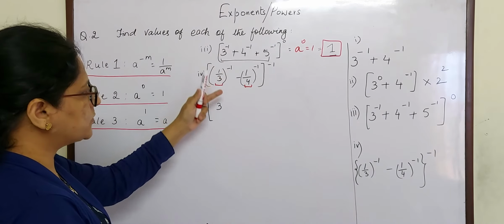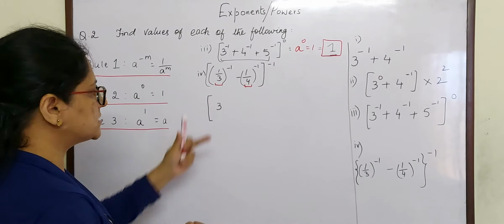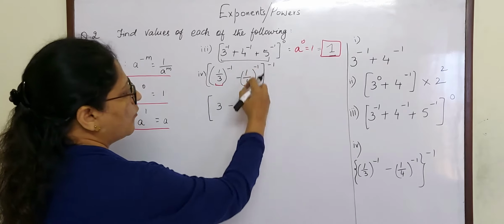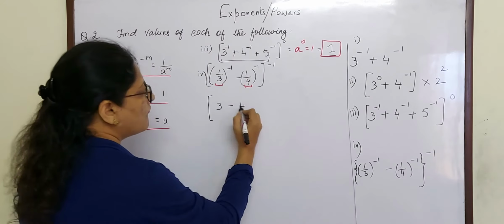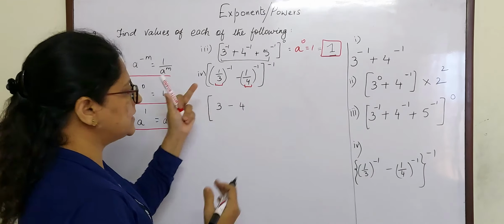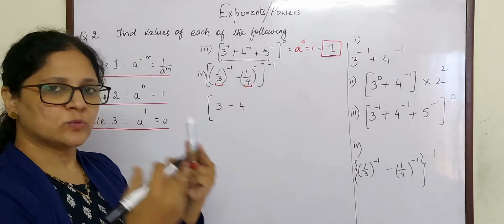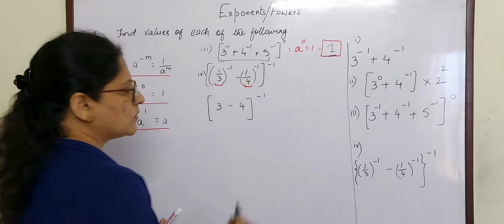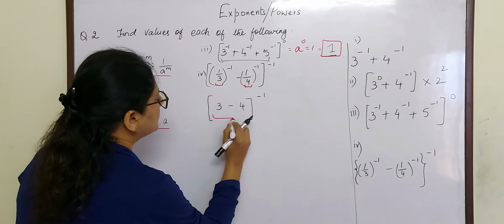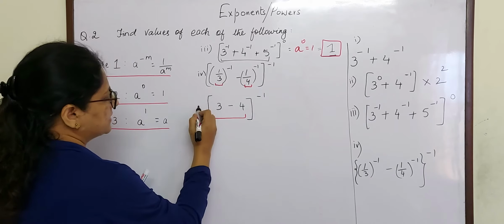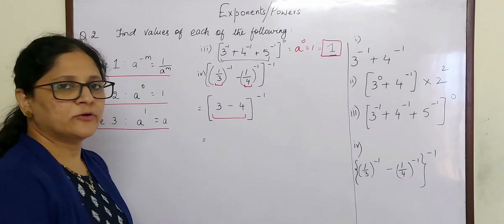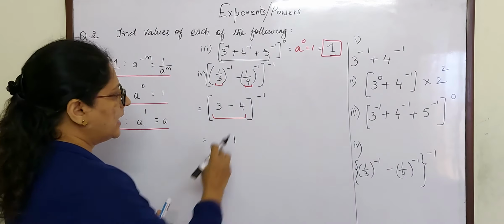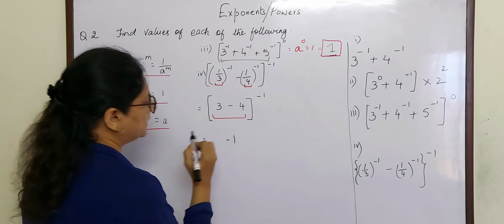Because negative exponent, when you want to change into positive, you do reciprocal. 3 minus, now 1 by 4 raised to minus 1 is 4 raised to 1, and 3 raised to 1 is 3, 4 raised to 1 is 4. The whole raised to minus 1. Now let us solve only this. There is one addition, one subtraction. When there is one addition, one subtraction, we subtract and put the sign of the greater number.